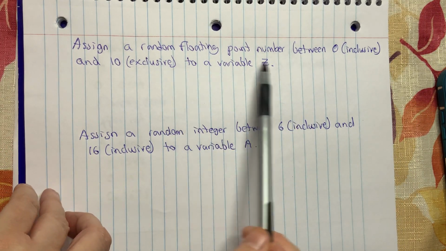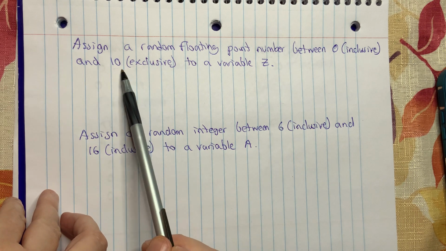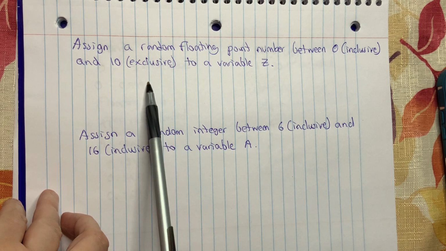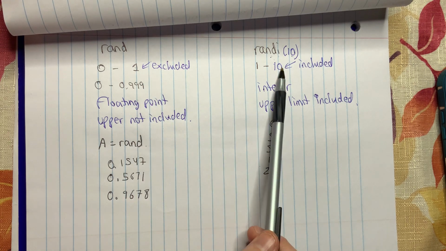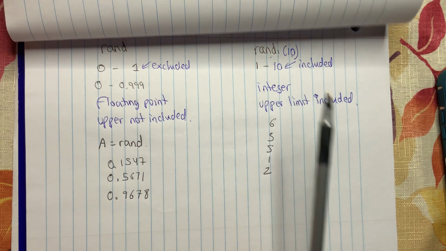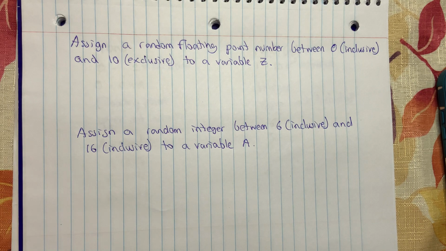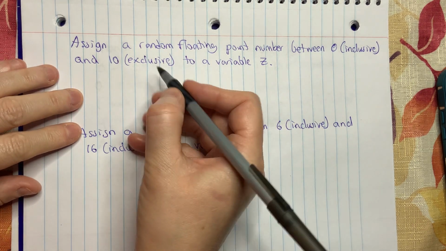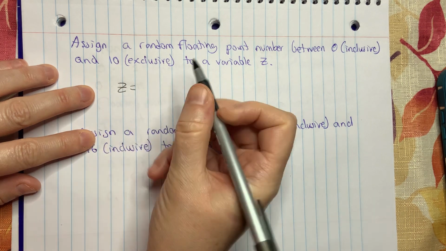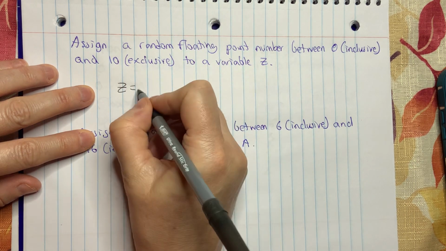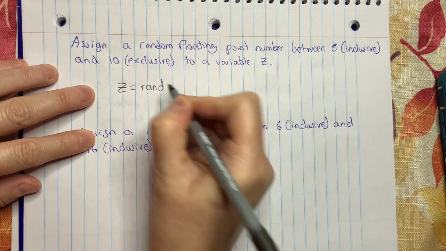And it reinforces that notion because it's saying that the upper limit is going to be excluded. In the rand function, the upper limit is excluded, while in the randi function, the upper limit is included. So the way we're going to do this is we're going to say z equals. So we know it's a rand function already, so we're going to say rand.